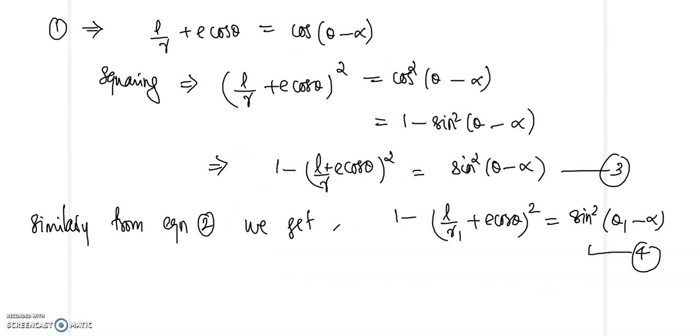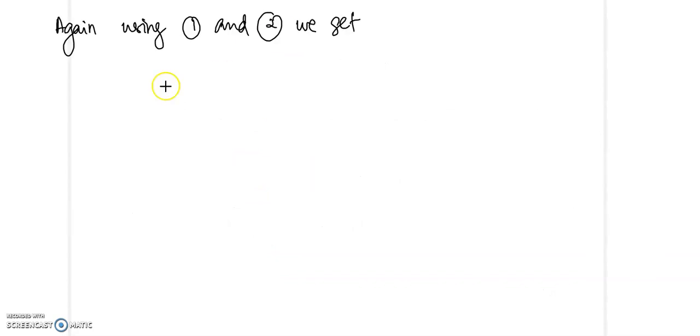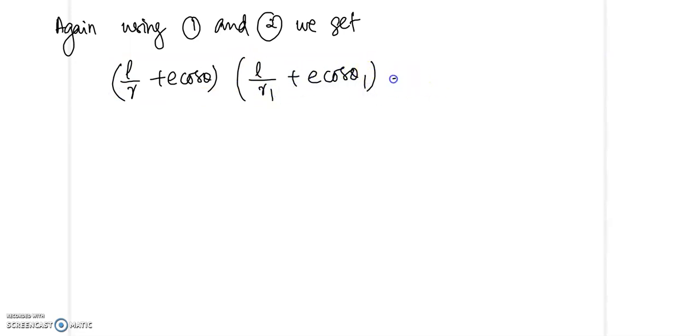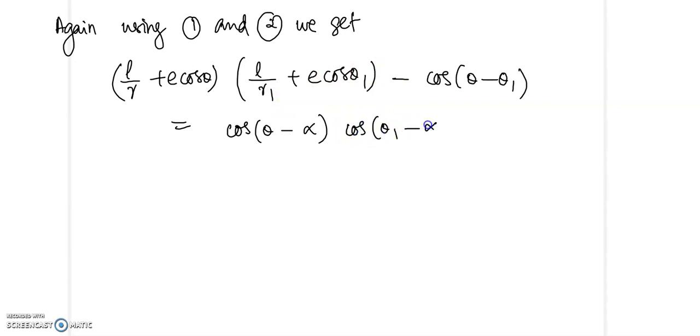So let us take L by R plus e cos theta into L by R1 plus e cos theta 1, minus cos theta minus alpha into cos theta 1 minus alpha.